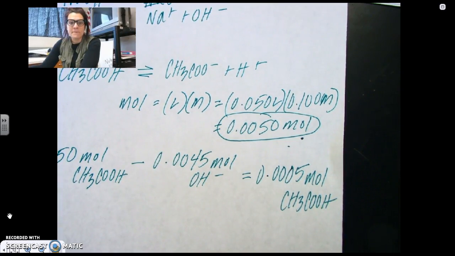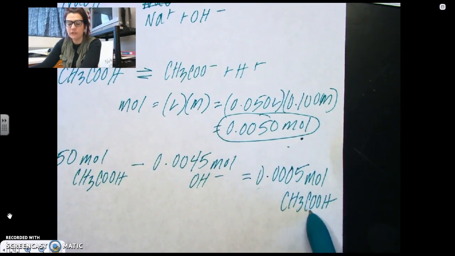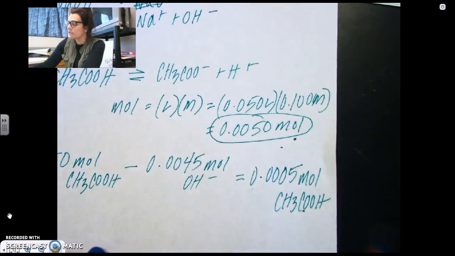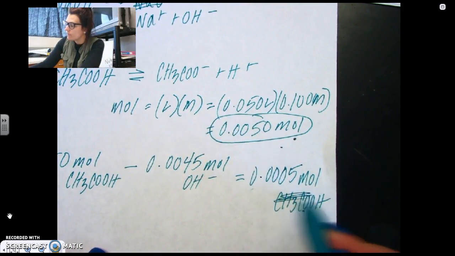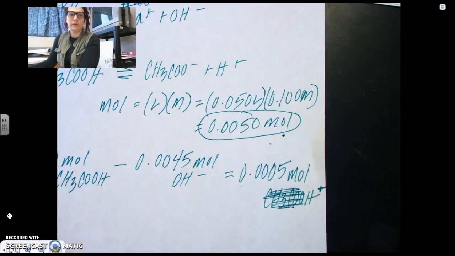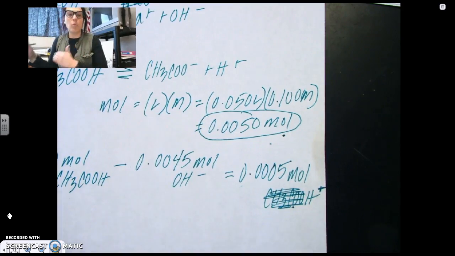Since I'm taking this away, I am going to have leftover conjugate base, because the only thing being removed is the proton. The conjugate base will still be present because these two things in solution are going to make water.